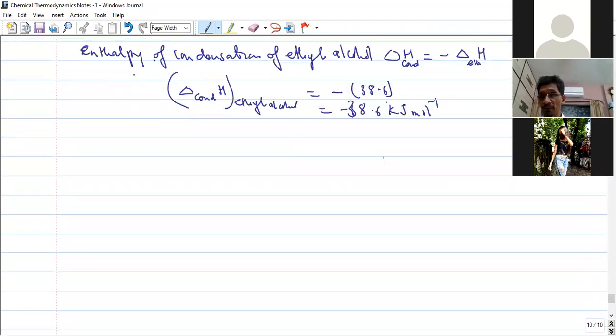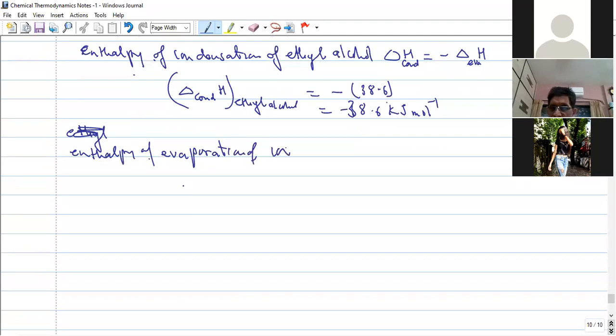So enthalpy of condensation of 100 gram of ethyl alcohol is equal to n into enthalpy of condensation of ethyl alcohol.